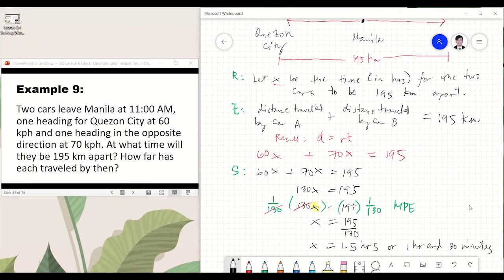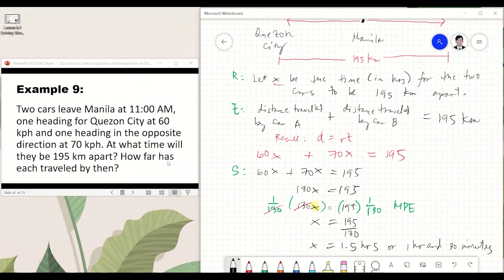So, ibig sabihin nun, yung cars natin, dalawang cars, they will be 195 kilometers apart, going in different direction after 1.5 hours or 1 hour and 30 minutes. So, hindi pa tayo tapos. Yung nasagot lang natin is yung first question.